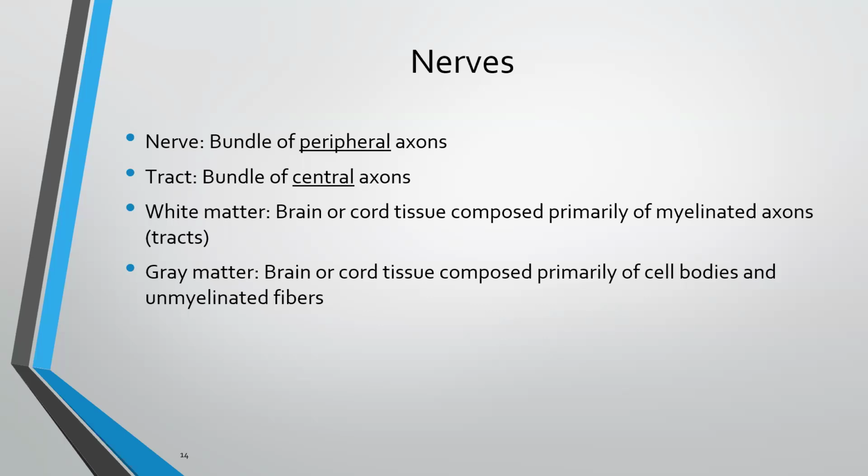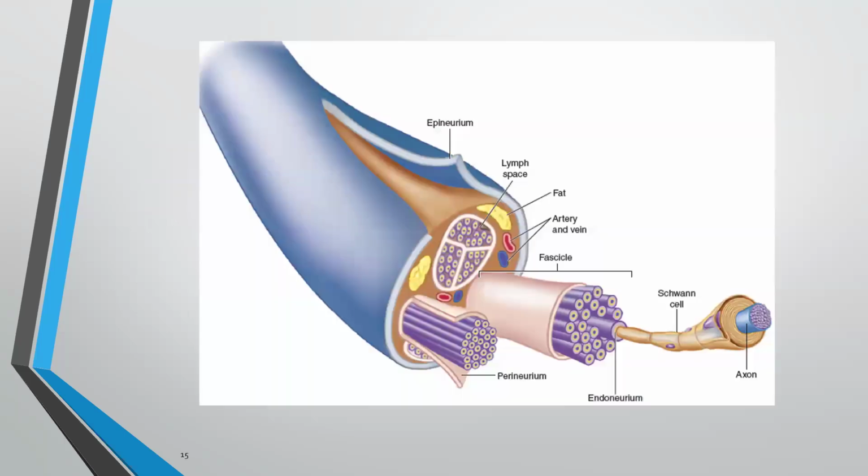So what is gray matter composed of? It's tissue composed of cell bodies and unmyelinated axons and dendrites. And it's called gray matter because of its characteristic gray appearance. Okay, so here is what that looks like broken down.